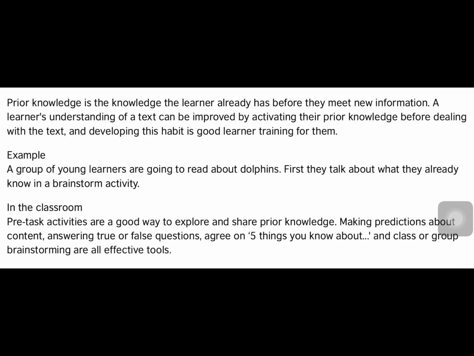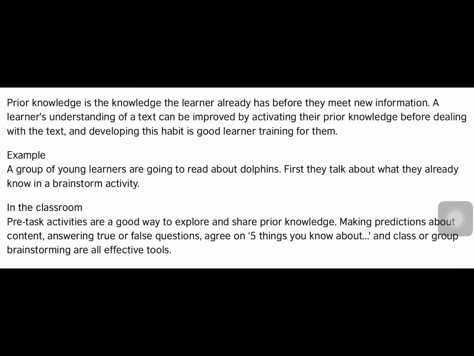Prior knowledge is the knowledge the learner already has before they meet new information. A learner's understanding of a text can be improved by activating prior knowledge before going into a text. And developing this skill is a good training for you as learners, and in the future for you as teachers.